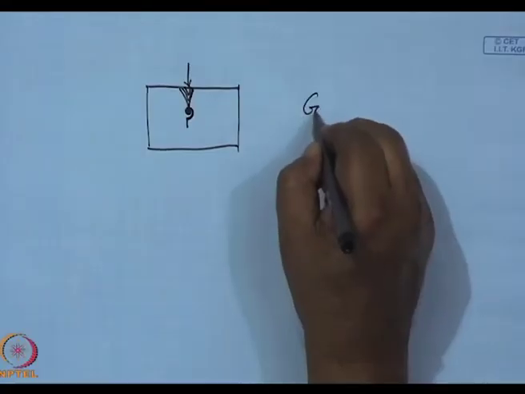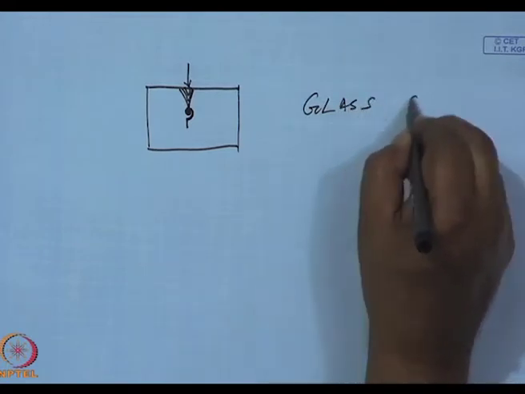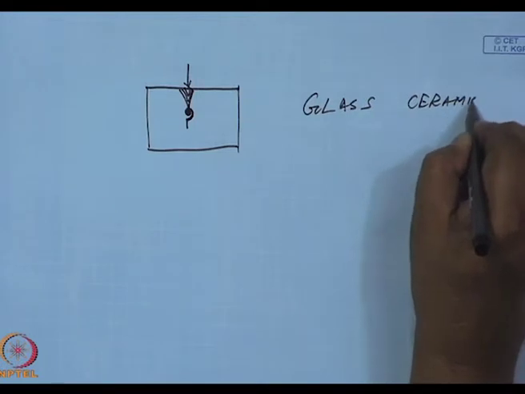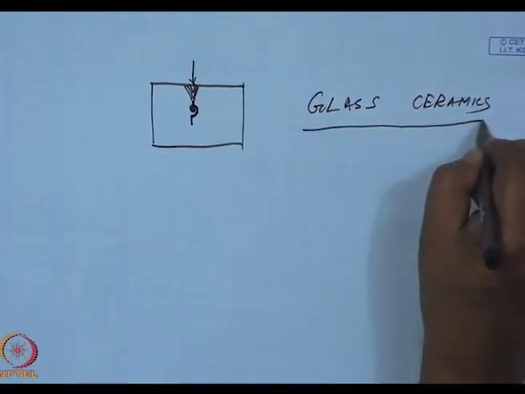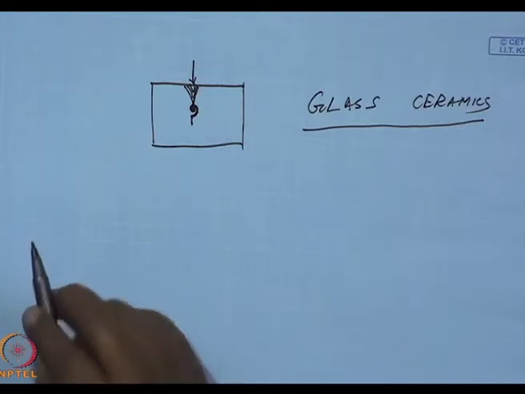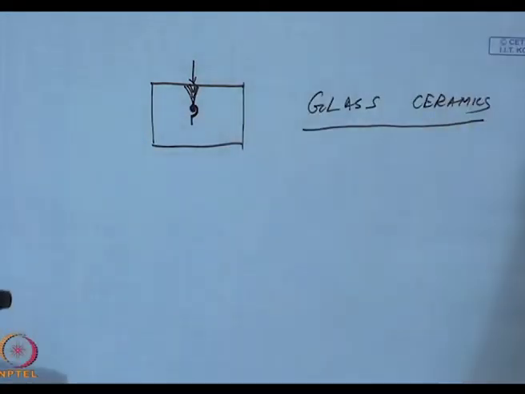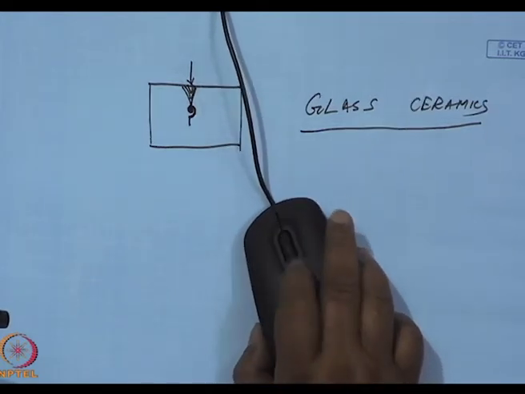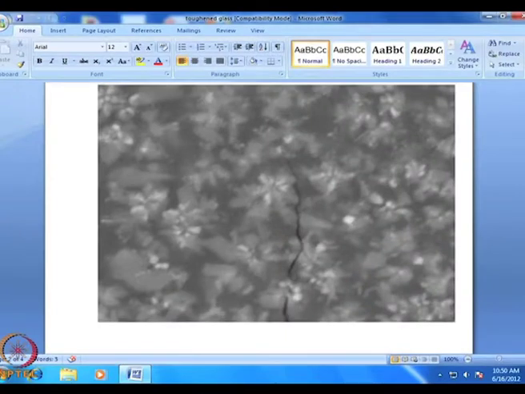A very good example of such materials are, for example, glass ceramics. Here you can see that the crack has been impeded.